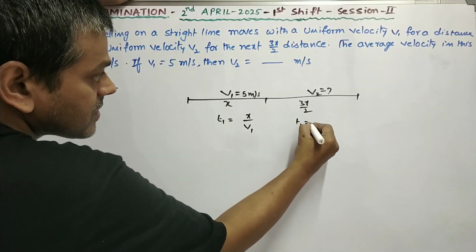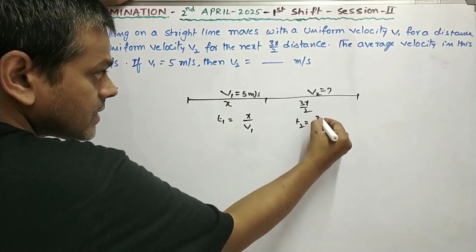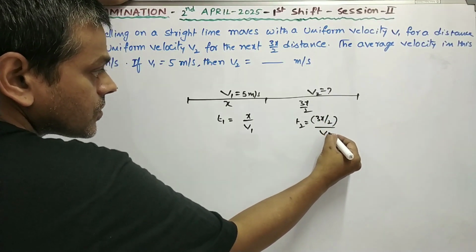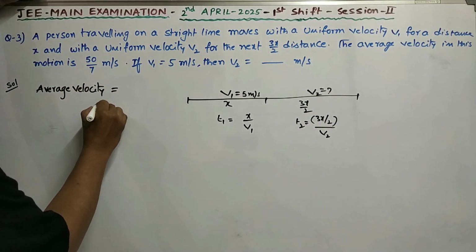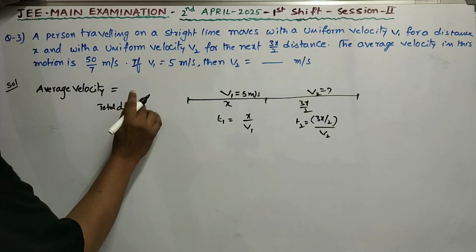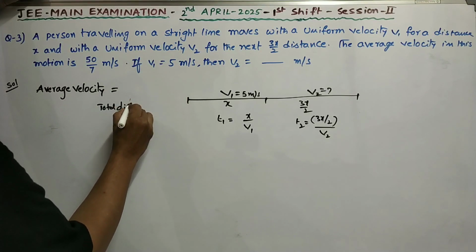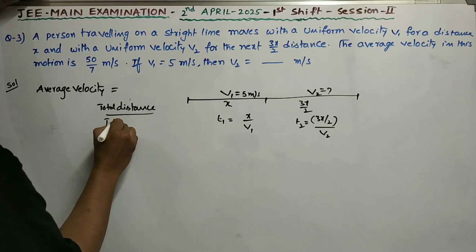The 3x by 2 distance is also covered in time t2, with velocity V2. You know average velocity is equal to total displacement, meaning total distance traveled by the body, by total time taken.